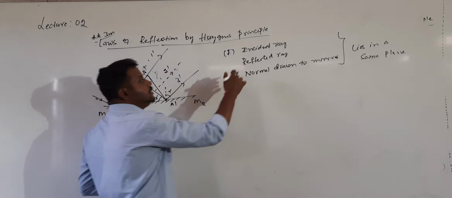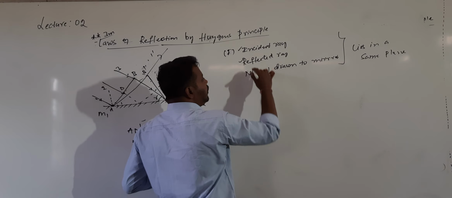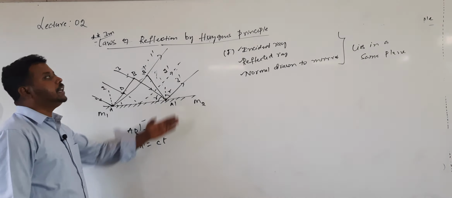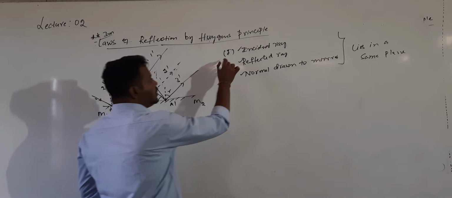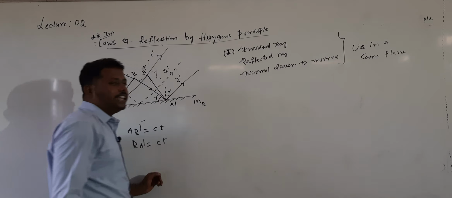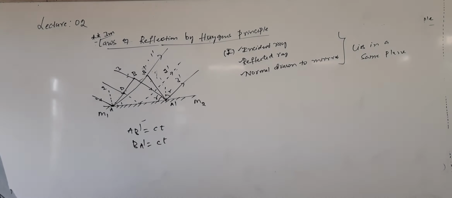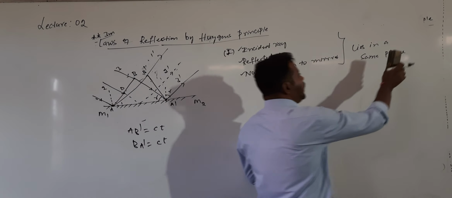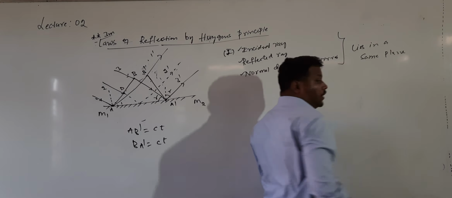When they lie in the same plane, the incident ray, the reflected ray and the normal lie in the same plane, which is nothing but the first law of reflection. The first law of reflection states that the incident ray, the reflected ray and the normal lie in the same plane. Now, what is the second law of reflection?